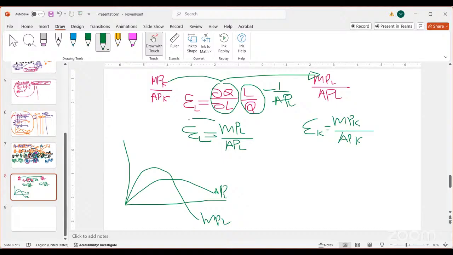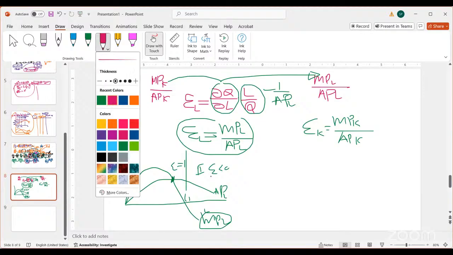Now, look at the elasticity. At this point, we found since both are equal, elasticity equals 1. That's stage 2. Stage 3, elasticity becomes negative. Why? Because the marginal product is negative, the elasticity becomes negative.